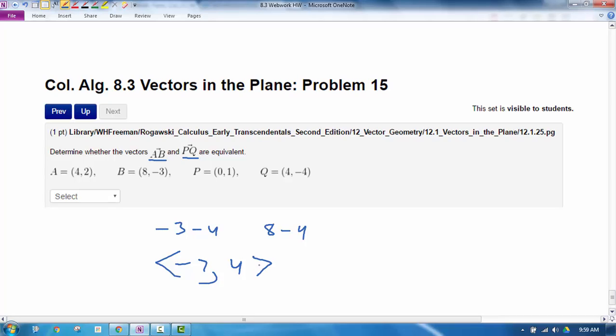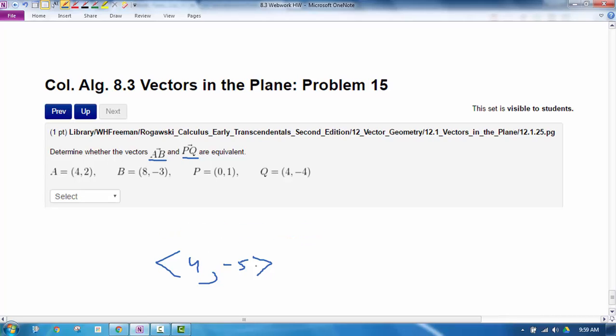Sorry, negative 3 minus 2 is the y coordinate, which is negative 5. And the x coordinate is 8 minus 4, which is 4. Completely messed that up. So you do head minus tail, so I'm going to do y minus y, negative 3 minus 2 gives you negative 5, and x minus x, 8 minus 4 gives you 4. So it's the vector 4, negative 5.